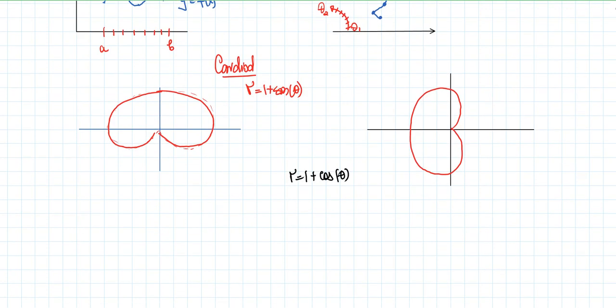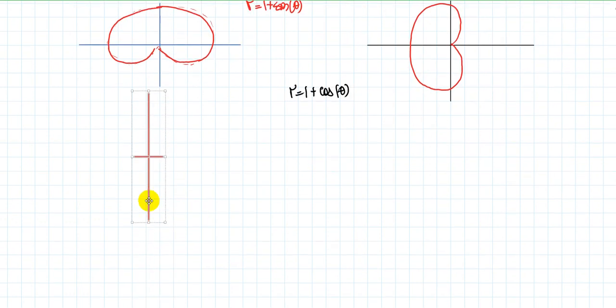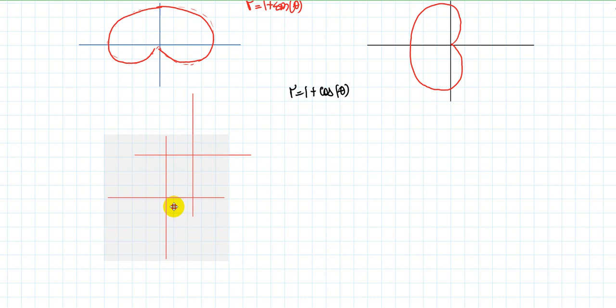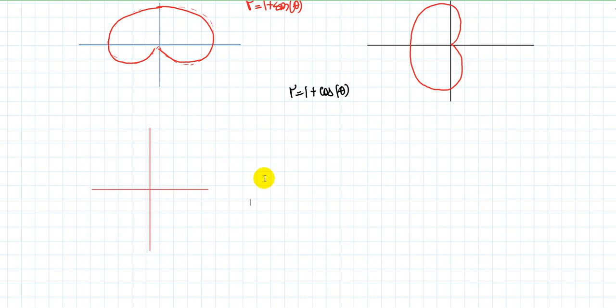We also defined the rose, right? Do you remember this? For example, if we write the curve as r is equal to cosine of 2 theta, it's going to be this kind of curve.